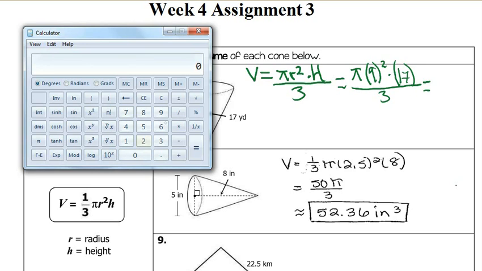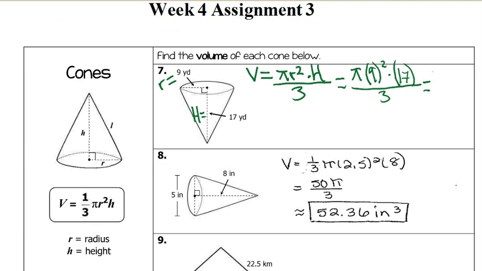So I have 9 squared, which is 81, times 17 equals 1377. I'm going to put the pi at the end. Just move it around because it's multiplication. You could do that.